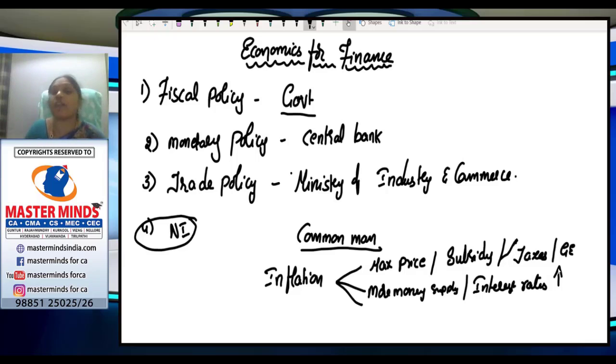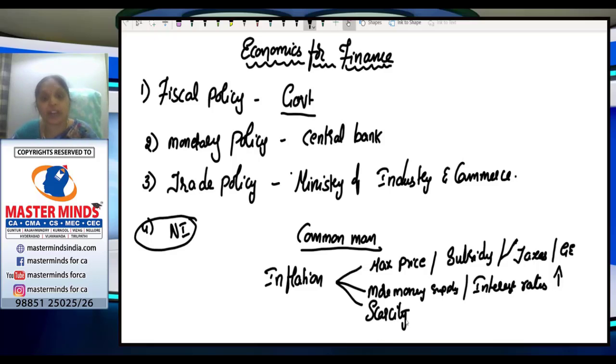Not only these two, we have one more policy here, that is trade policy. How can we control inflation with the trade policy? It's very simple, children. When will the prices rise? When there is a scarcity. When the product is scarce in our country, automatically the prices of these goods and services increase, and thus inflation increases.